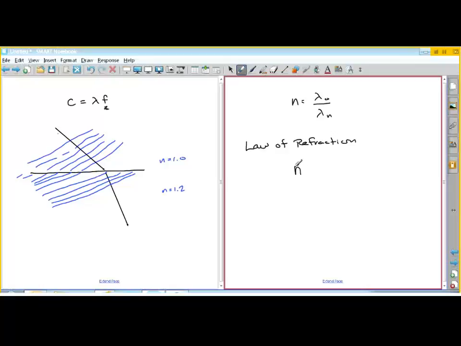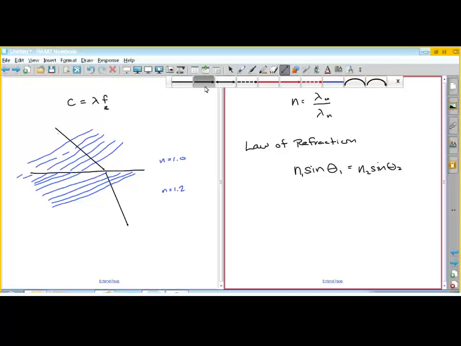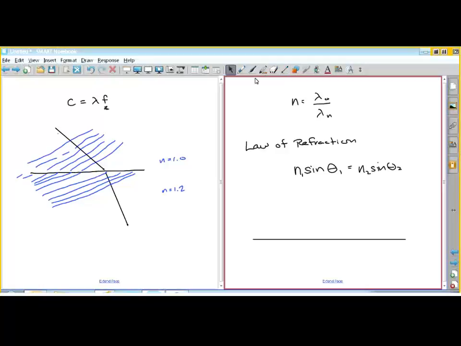It says that if you have light going from one material with an index of refraction of n1, with an angle theta 1 between the line perpendicular to the surface and the ray, then n1 times the sine of theta 1 is equal to n2 times the sine of theta 2. Let's draw a picture. We have some interface and a light ray coming in.